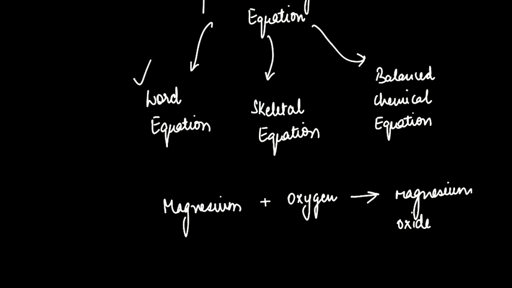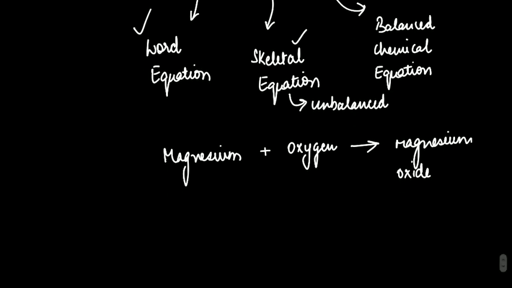Now, the symbolic equation: skeletal is the symbolic version of the chemical equation. The word equation we are going to write in symbols, but this skeletal equation is very much unbalanced. So the same reaction, magnesium, we are going to write the state of matter also, reacting with oxygen gas.